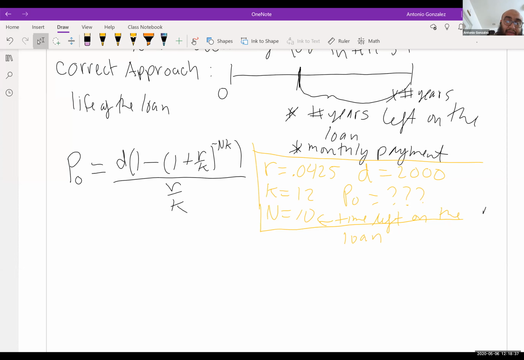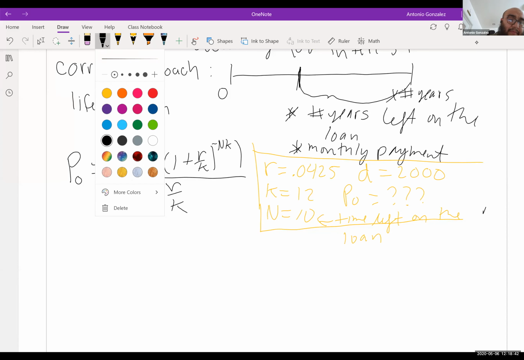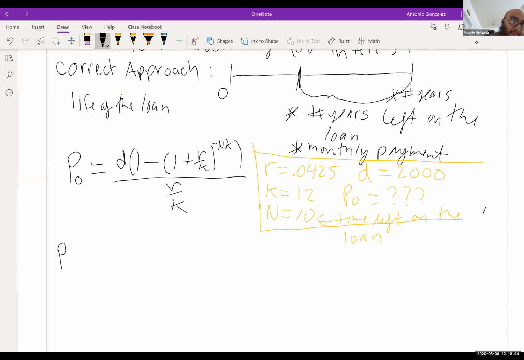P0 equals D, which is 2,000, times 1 minus, R was 0.0425 over 12, to the negative 10 times 12.